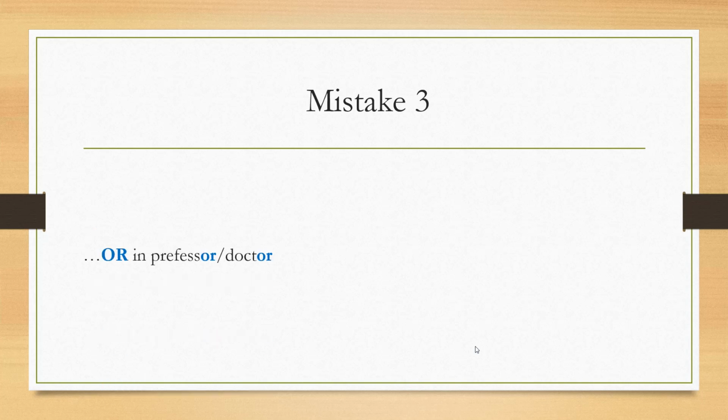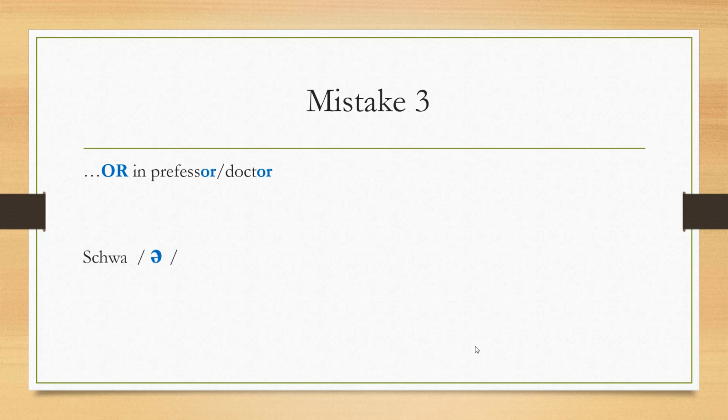Mistake number three. This has to do with the letters O and R at the end of certain words, such as professor and doctor. Many people have the tendency to pronounce these words with a full O sound.